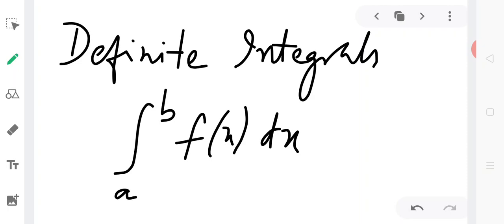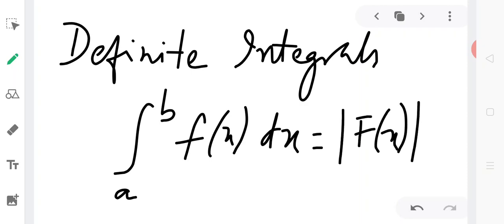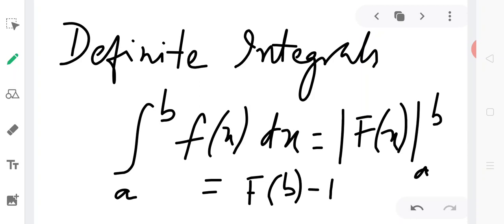So this will be written as, and that will be further equal to, I will give you one example to understand this better.